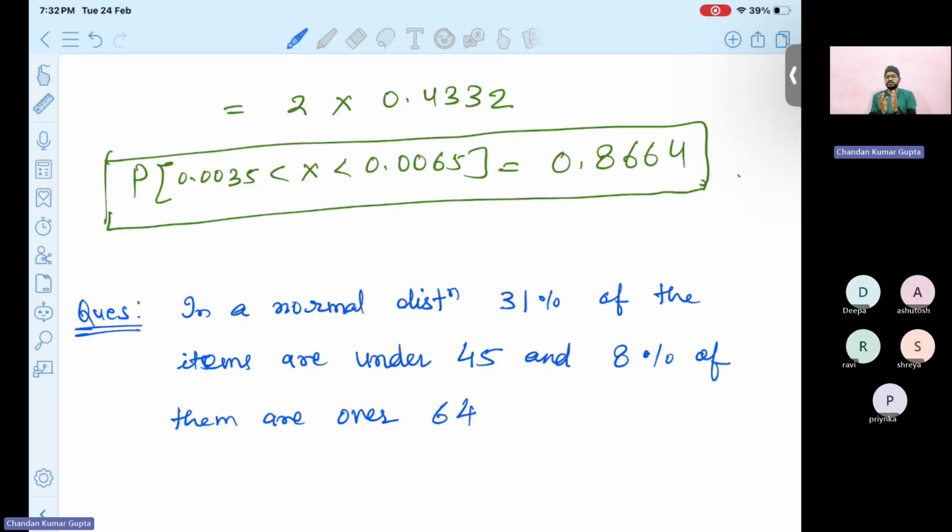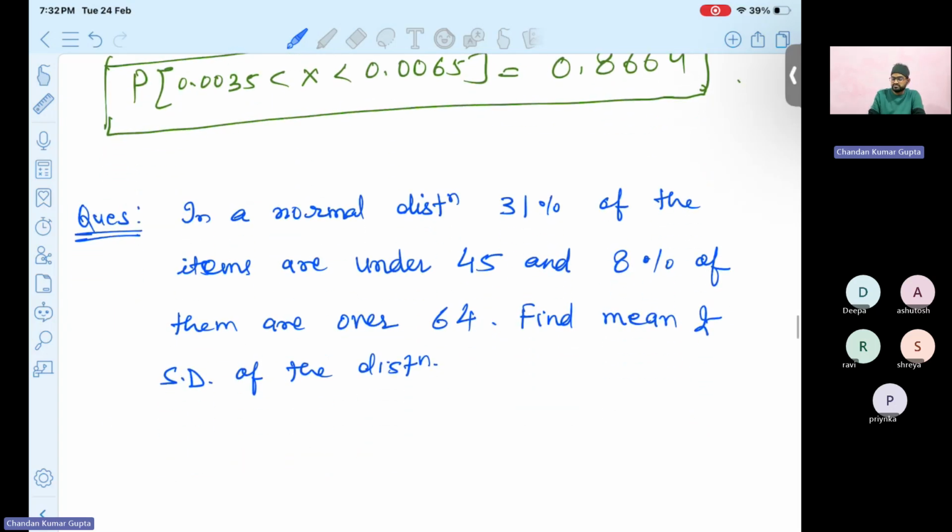So 31% of the items are less than 45 and 8% have more than 64. We need to find the mean and standard deviation of the distribution.